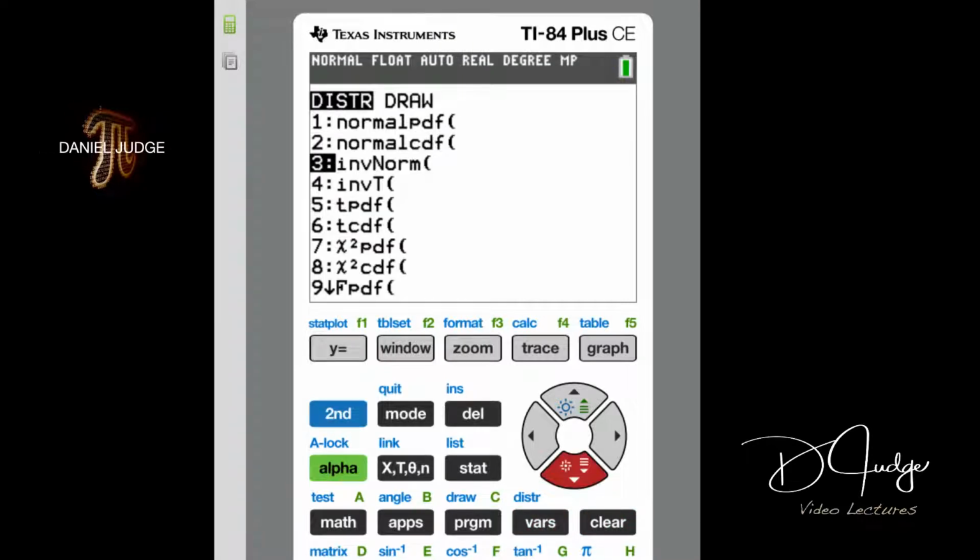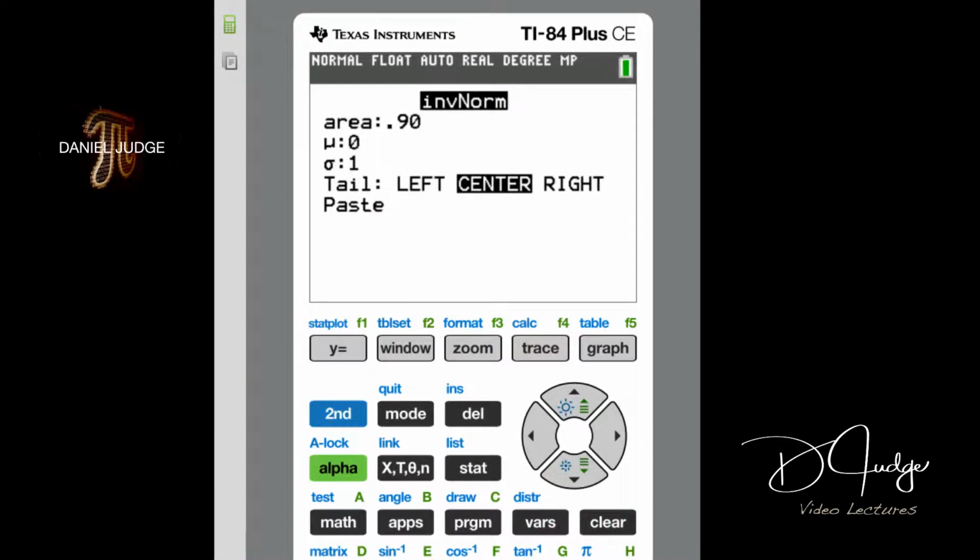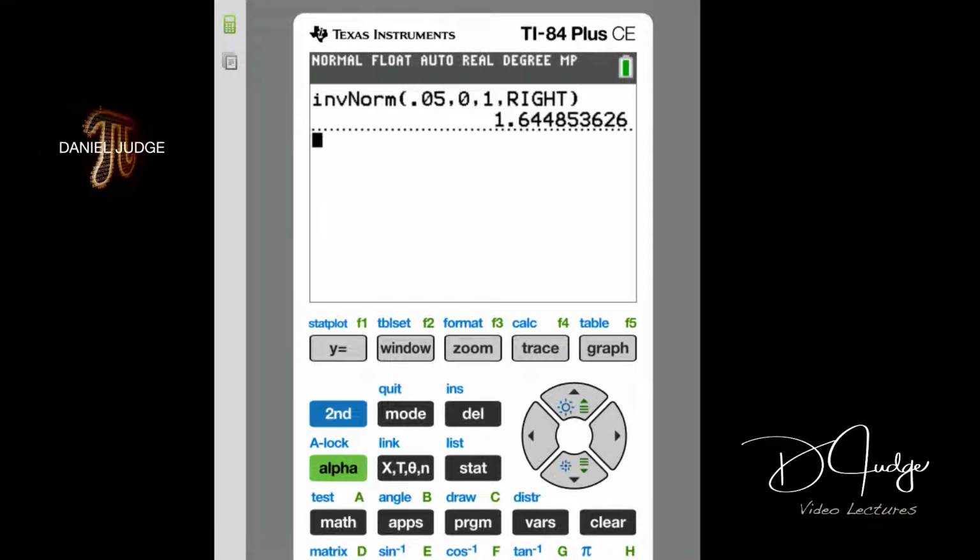Second distribution, inverse norm, 0.05 by the fancy calculator. Mean is 0. Standard deviation is 1. It's the z distribution. 5% is in the right tail, ladies and gentlemen. It's a right tail test. Fancy calculator gives us this positive 1.645 critical value. Okay, to the nearest thousandths here.